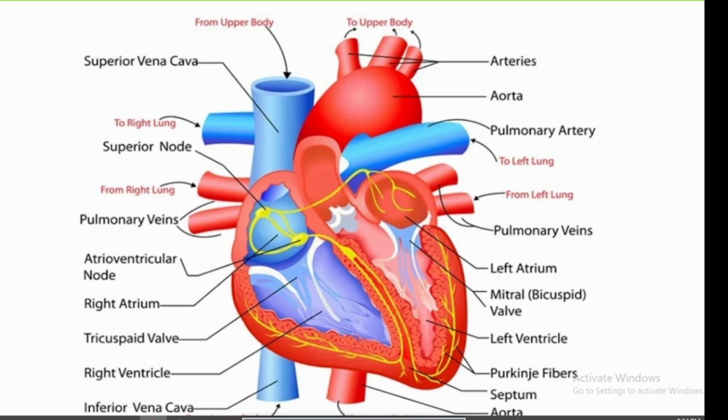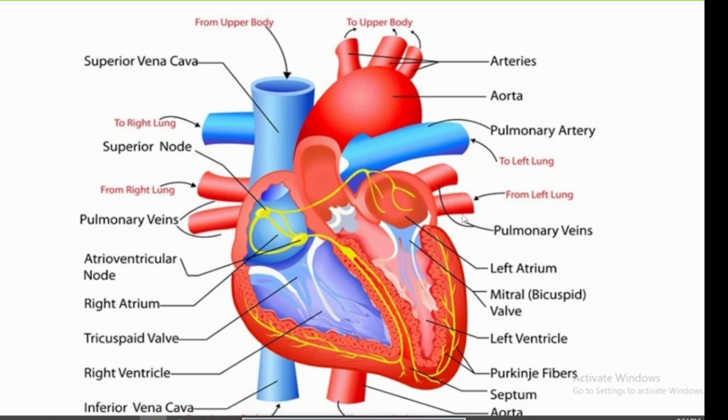Is that okay? Now for the systemic circulation, we start with blood from the lungs, from the left lung and from the right lung, through the pulmonary veins, which are labeled here. Mind you, oxygenated blood is always denoted with red.